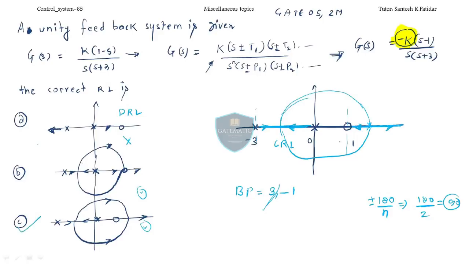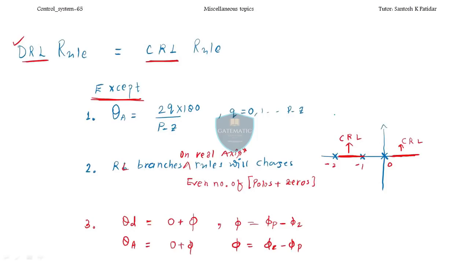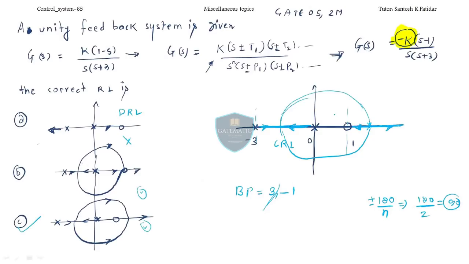So rest of the things you can do. My intention was to clear all these things, and what the complementary root locus is. Now I think you are aware of this. You know the formula, the rules. What is the departure angle, what is the asymptote angle, each and everything you know.